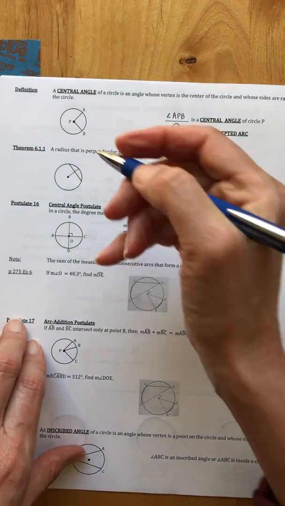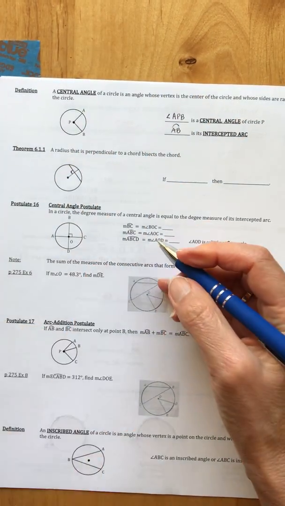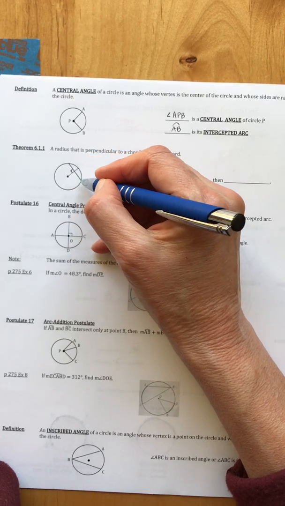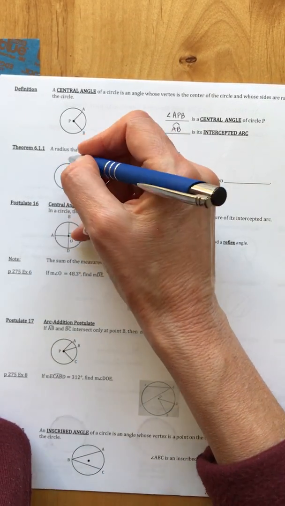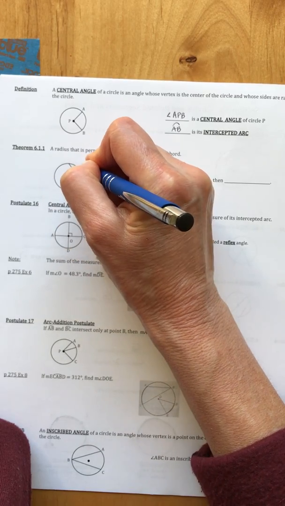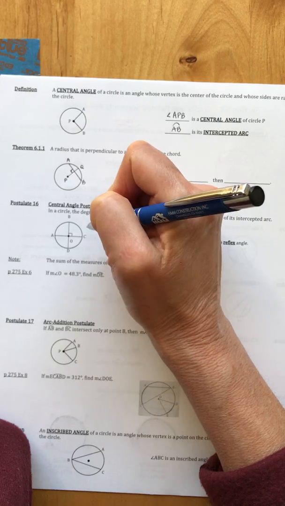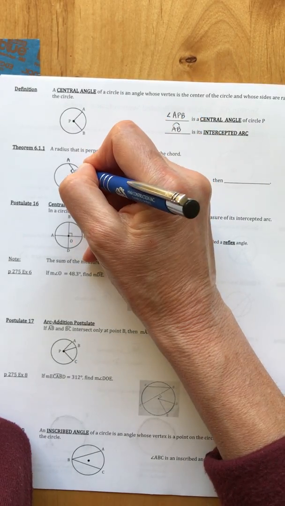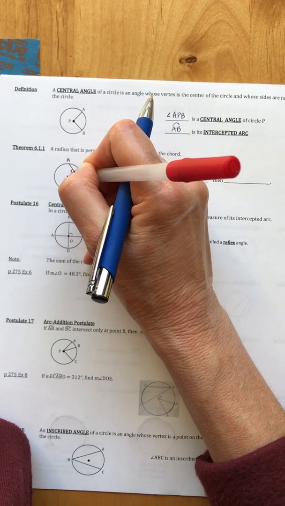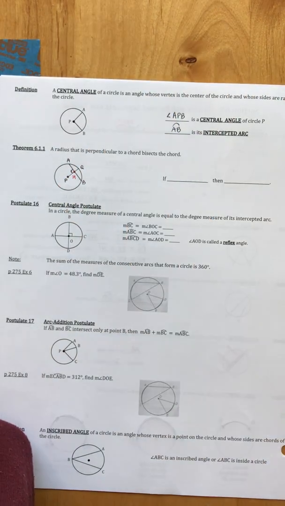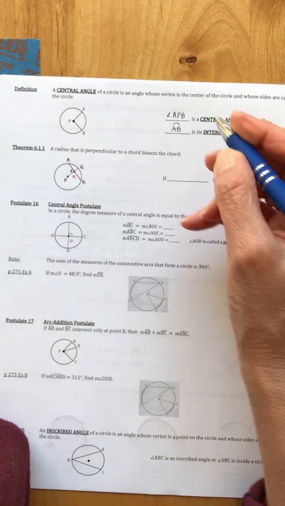If it's perpendicular, then it bisects the chord. We need some letters on these things. Let's call this P, this Q, this A, this B, and this point right here, in red so it's easy to see, we'll call M.